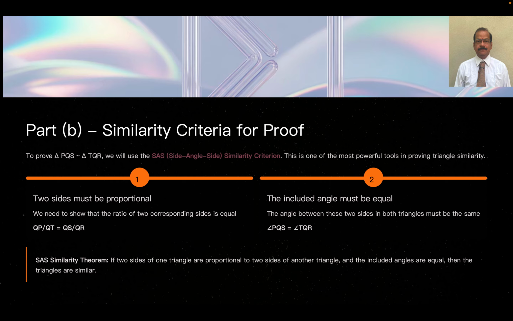The included angle must be equal. The angle between these two sides in both triangles must be the same, that is, angle PQS equal to angle TQR. It's a similarity theorem: if two sides of one triangle are proportional to two sides of another triangle and the included angles are equal, then the triangles are similar.